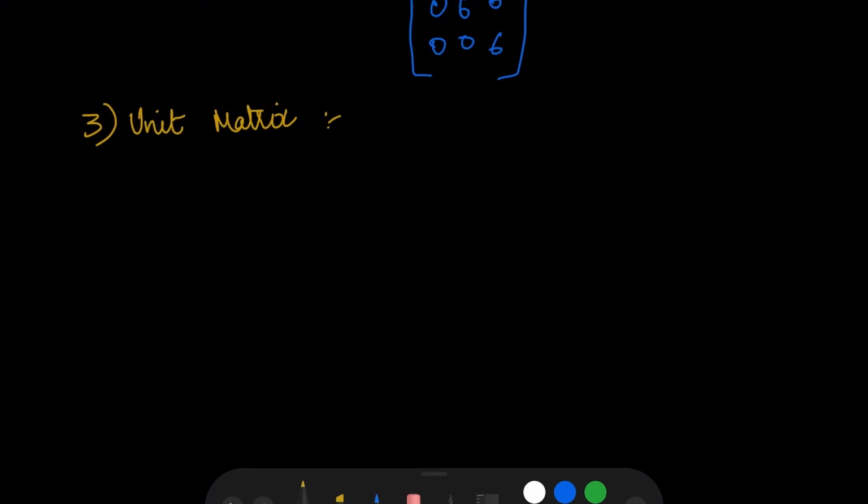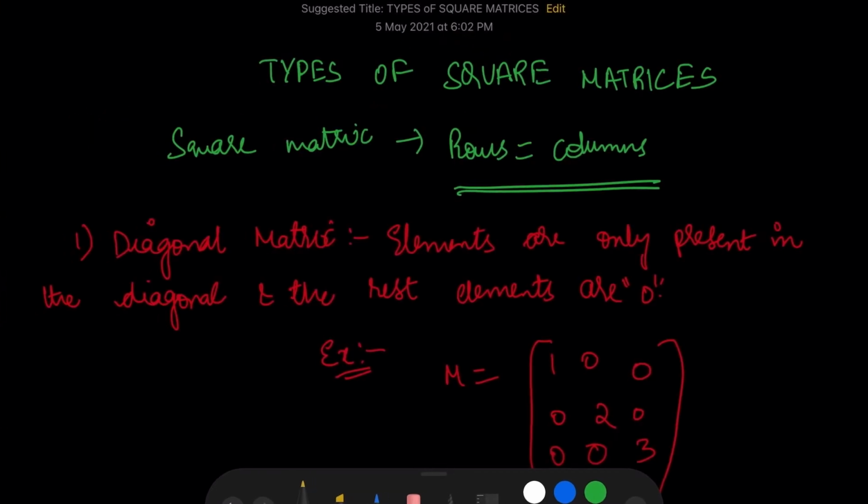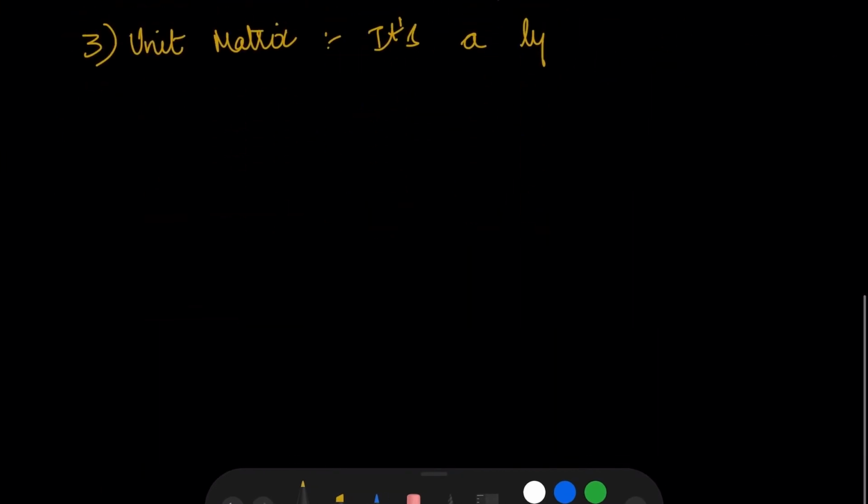So this can also be called a scalar matrix, because all the elements in the diagonal are equal. So it is actually a scalar matrix with 1 as its element.